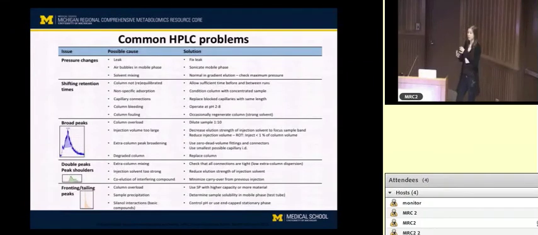It means that silica has OH groups on the surface that have a certain pKa, so they're slightly acidic. Now, if you're operating at a pH around 4 or 5, part of these OH groups will be dissociated and will be negatively charged. So what they're going to do is retain bases or positively charged compounds.